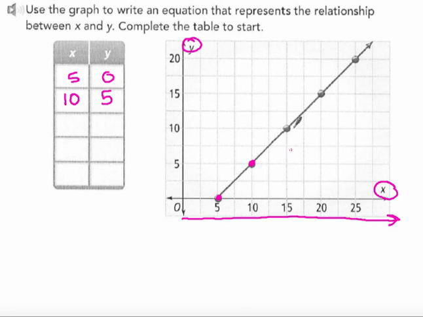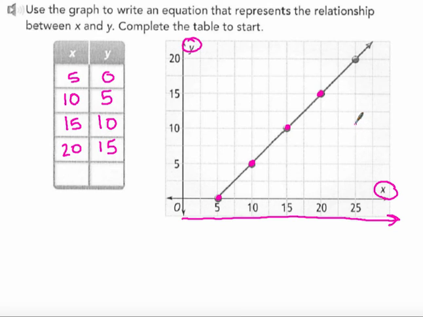My next dot is at 15 over, so 15, and it lines up with the 10. My next one is over 20 and up 15.